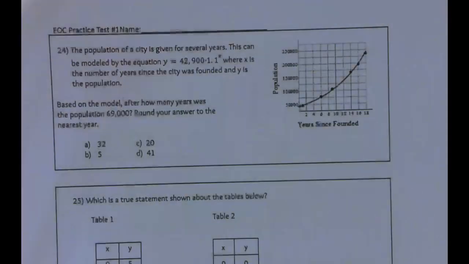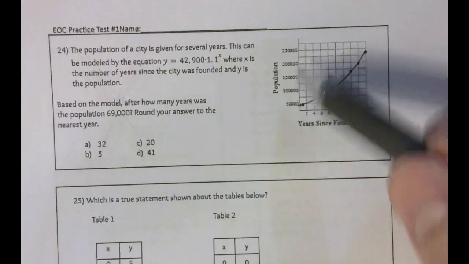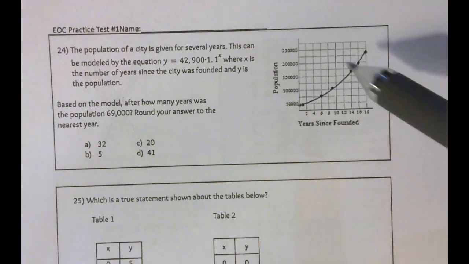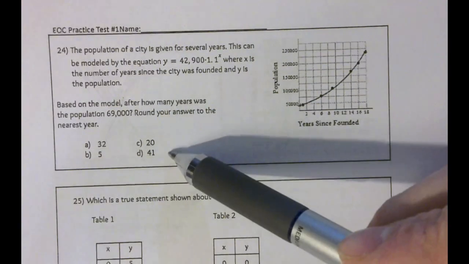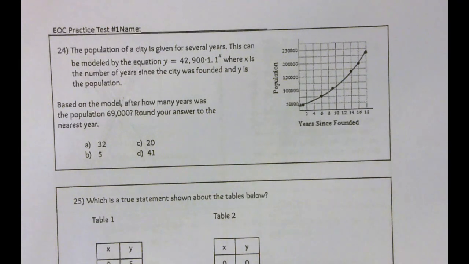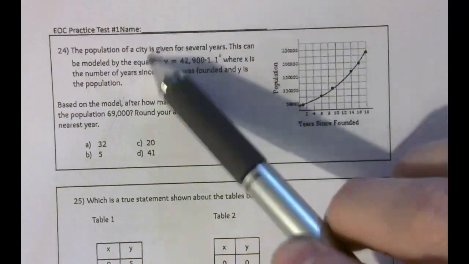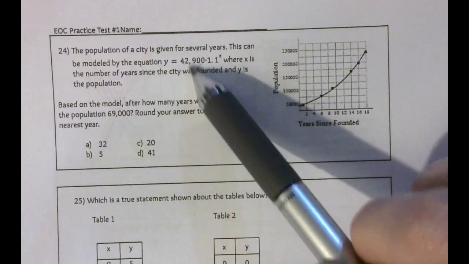All right, 24. Here we go, 24. I almost marked this one out just because this graph is so small and it's kind of hard to see, but I left it because I noticed that the answers are kind of crazy. It says the population of the city has this model.